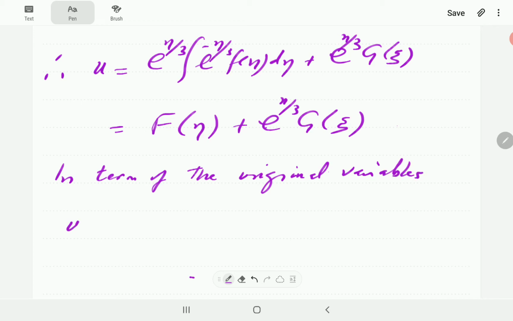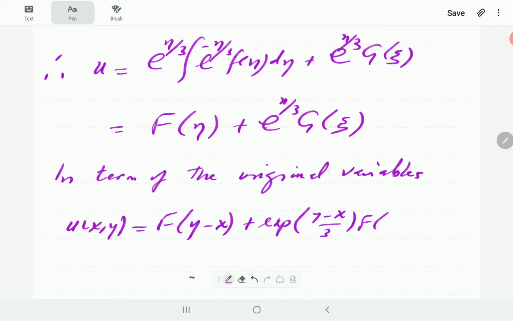So u of x, y is going to be, remember eta is simply y minus x, f of y minus x plus exponential of (y minus x) over 3 times g of xi, which is 4y minus x. Sorry, this is g, not f. So that's going to be our general solution there.